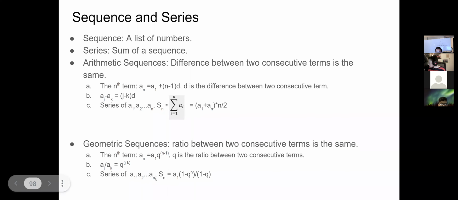The series, the summation of the n terms, is a_1, the first term, times a numerator of 1 minus q to the power of n, over a denominator of 1 minus q. It depends on whether q is greater than 1 or less than 1.